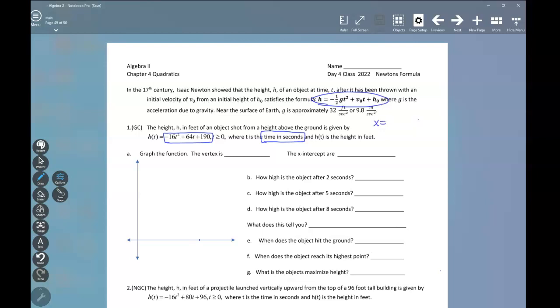T is inside my formula, so what does x represent? We just circled it. Seconds. And then it says h of t is the height in feet of whatever you're throwing into the air. So y equals what? Height in feet.